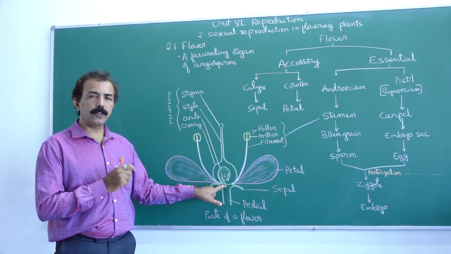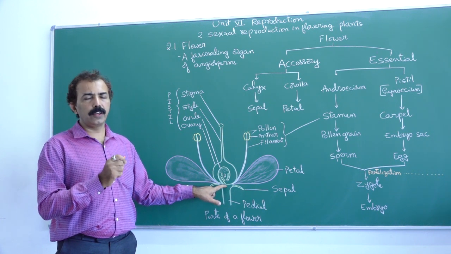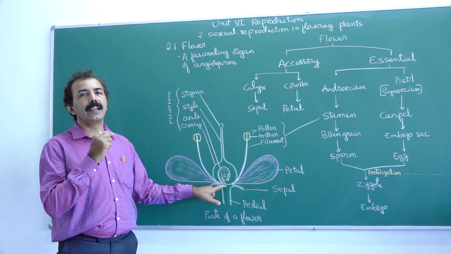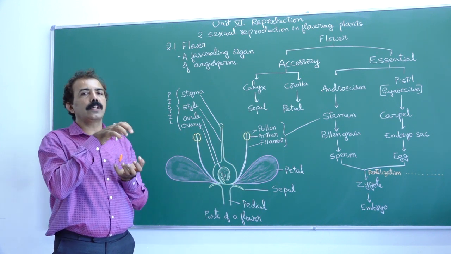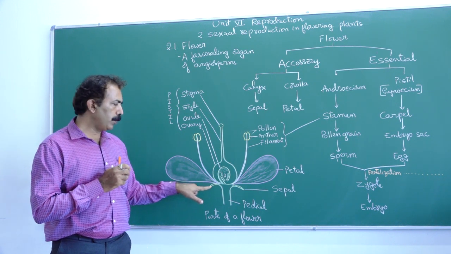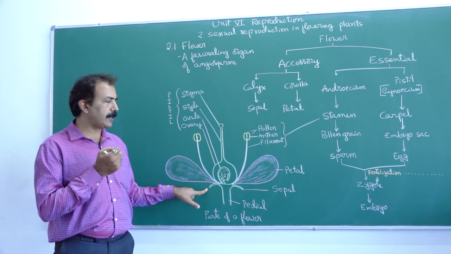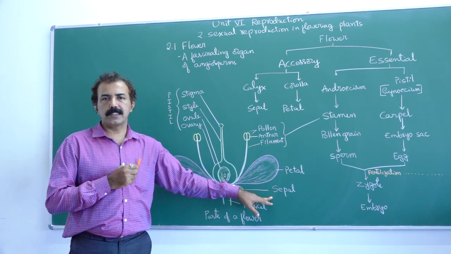On the thalamus, you find 4 whorls of a flower. The units are arranged in 4 layers, or say 4 nodes, and those nodes are superimposed. The outermost whorl forms the calyx. It's made up of sepals.